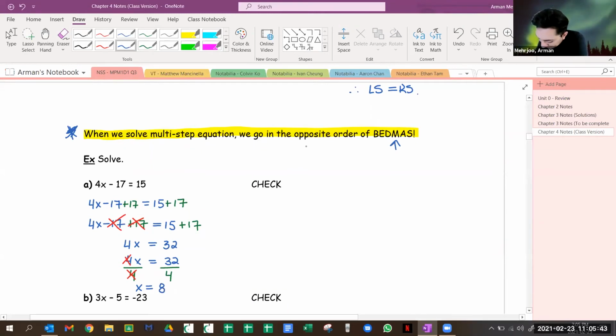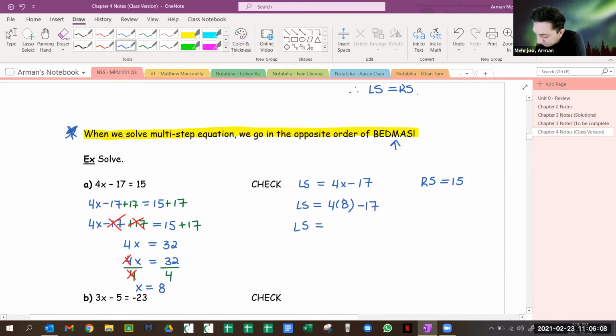We can actually do a left side, right side check right now. So let's do a left side, right side check. My right side is equal to 15 from here. And my left side is equal to 4x minus 17. So we just figured out that x is actually 8. So let me plug it in that equation.